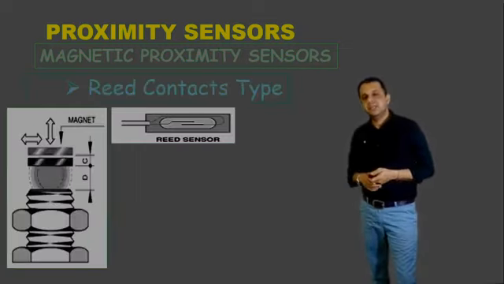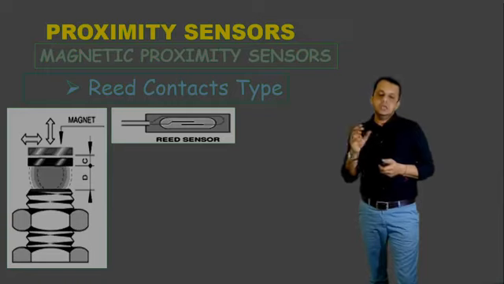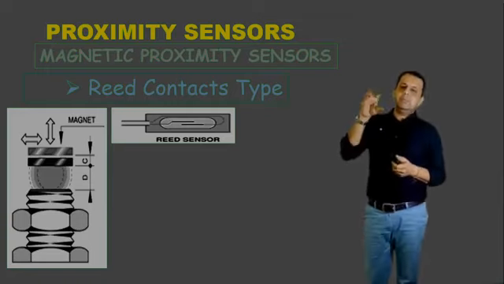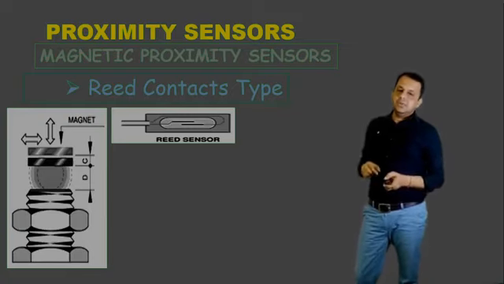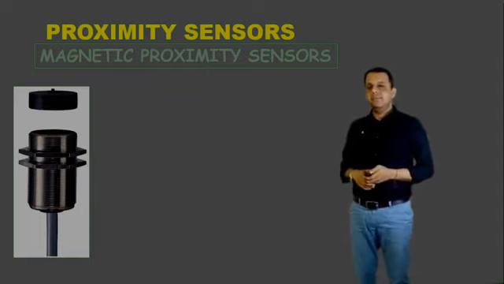So first, let us take the reed contact type, where you can see the diagram, with the distances C and D, and the magnet is shown on the face. Let me go back for you to look at this diagram.